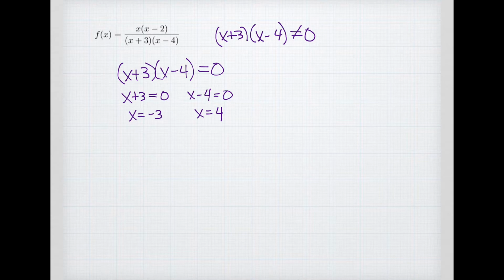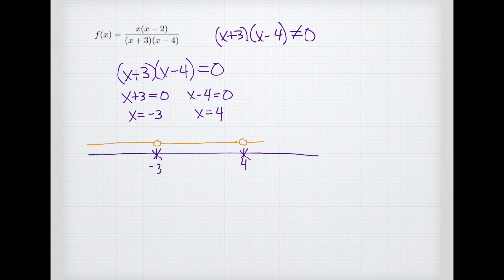So my domain is a set of all numbers, I'll draw a number line, other than negative 3, that's not in the domain, and 4 is not in the domain. And so my domain solves the inequality will be the set of all numbers other than negative 3 and 4.